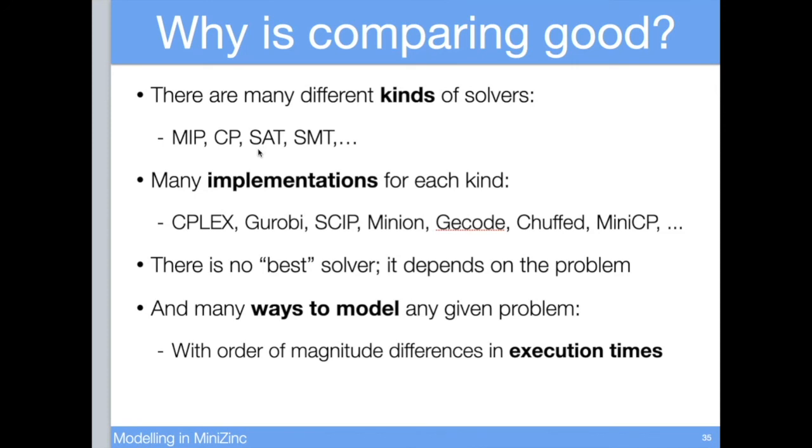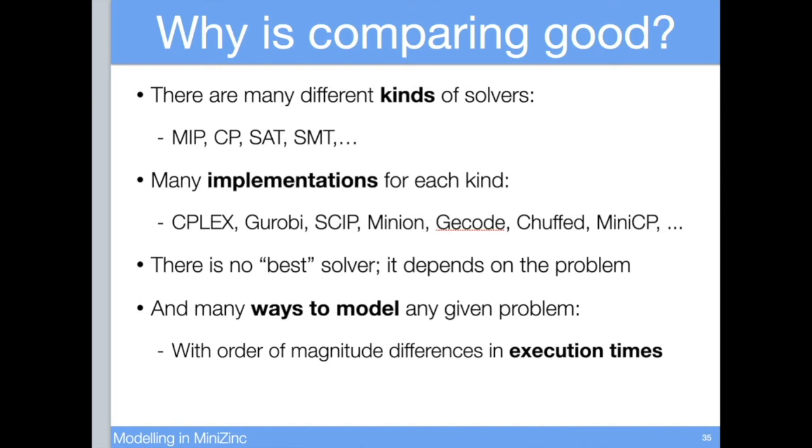And so once you've got many ways to model, you can have an order of magnitude difference in the execution times for the same model on different solvers. One of the things that I discovered a couple of years ago is that I had a visitor who does rotating workforce scheduling, and we built a rotating workforce scheduling model in two ways.